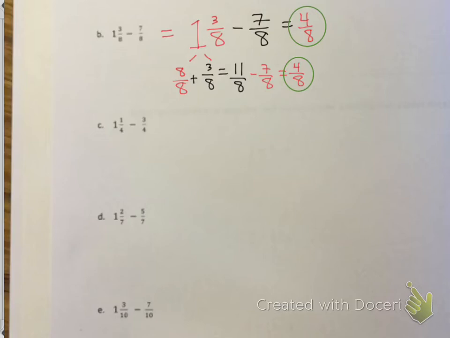So let's go to the next one, C, because I told you I was going to do this twice so that you could see it. We have 1 1/4, subtract 3/4. And again, you should see pretty quickly that we do have common denominators. However, our numerators, they don't work for us. We have 1 subtract 3. We cannot do that.